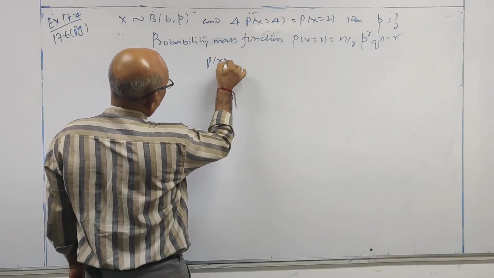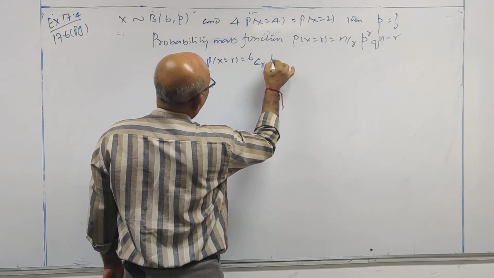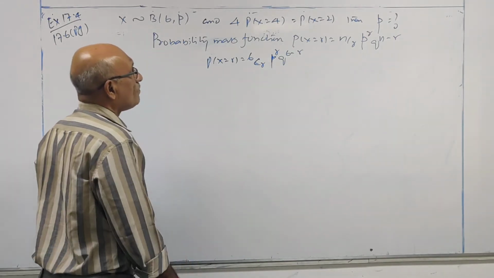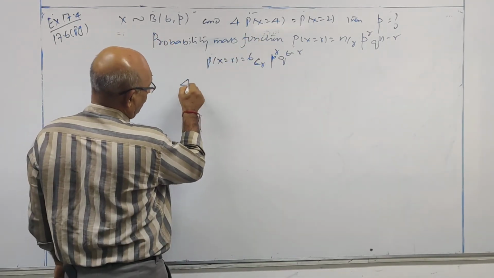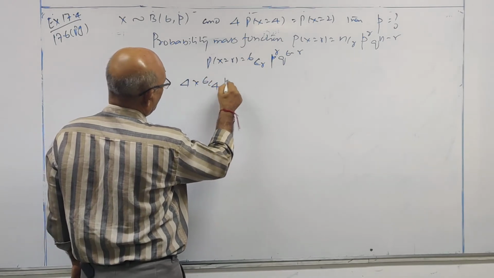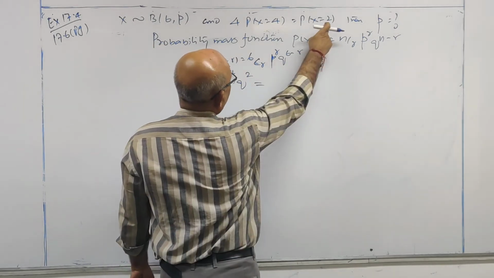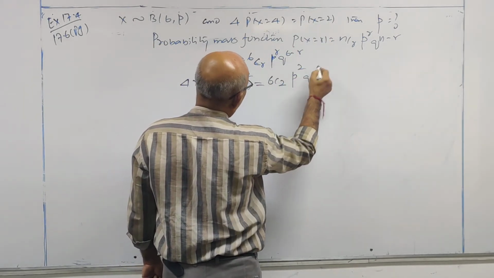So P of x is equal to r is 6Cr p to the power of r q to the power 6 minus r. Now you replace r with 4 first: 4 into 6C4 p to the power of 4 into q square. When I replace r with 2, 6C2 p square into q power 4.